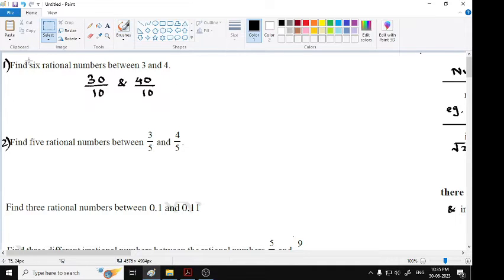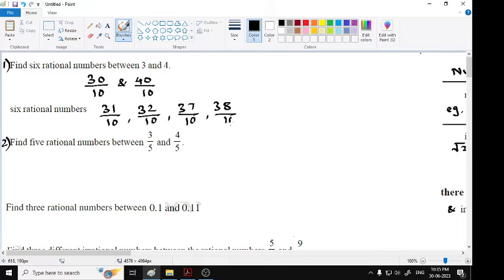Now 6 rational numbers between these two can be 31 upon 10, 32 upon 10, 37 upon 10, 38 upon 10 and 39 upon 10, and I can write 33 upon 10 also. So your numerators can be any number from 31 to 39, and the denominator will be 10.